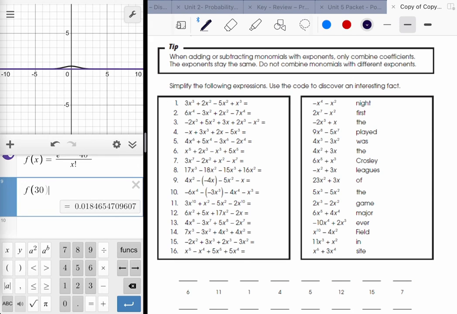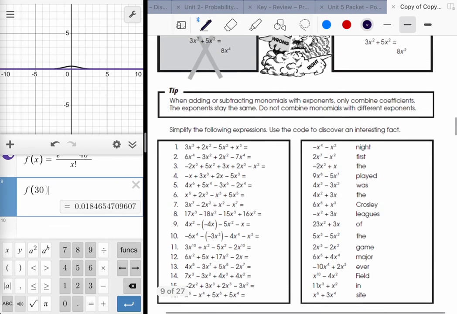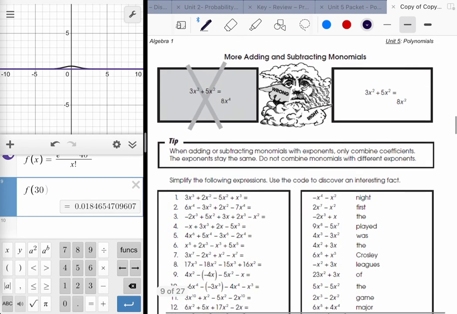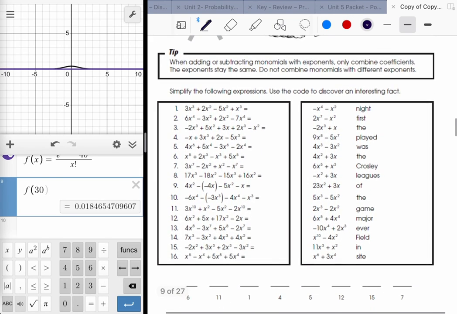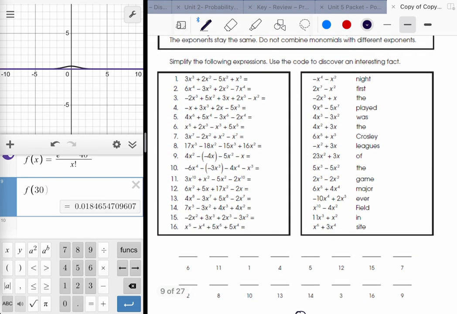Just put the words there, and you can come up with a fun response to the little prompt there. Use the code to discover an interesting fact.